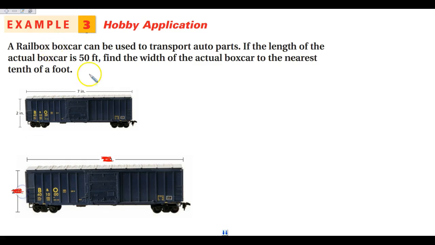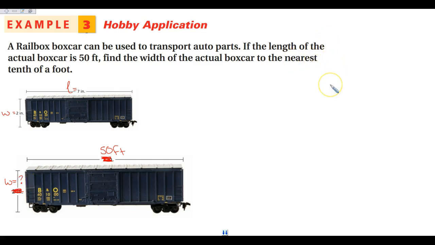So what we have here is the length of our boxcar. The model is 7 inches, so I'm going to write L is equal to 7 inches. That's going to make my width 2 inches. The length of the actual boxcar is 50 feet, and the width is what we're looking for.